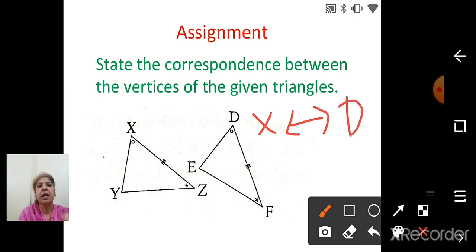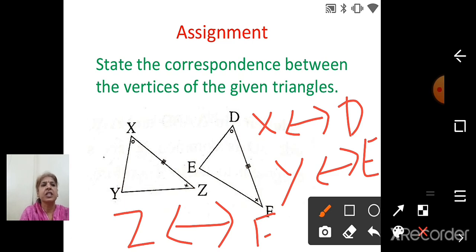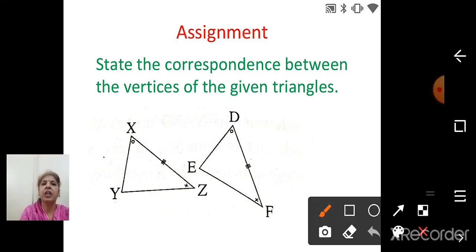Then Y, observe Y. Is Y having any identical marking? No. So you find here that it is E. So Y corresponds with E and Z corresponds with F, right? So this is the correspondence. Now how are you going to write the answer? You are going to write all the 3 vertices together like this.